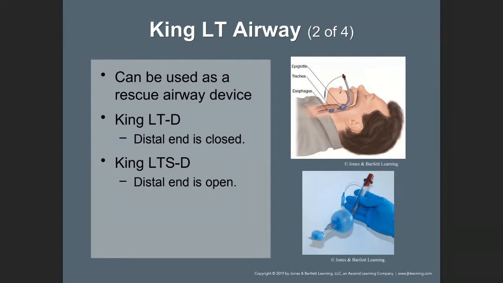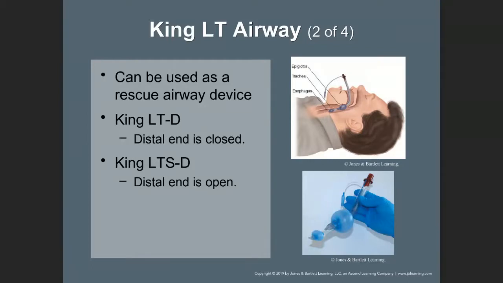Once the device is inserted, the first breath that you give with that device, your partner should have a stethoscope on the stomach. So that's the first place you want to listen to. Then you listen to the lungs.